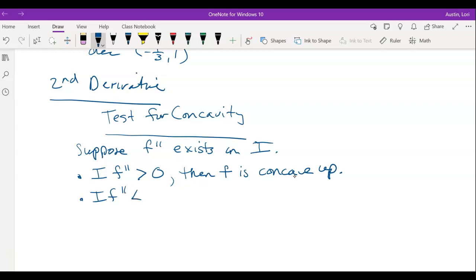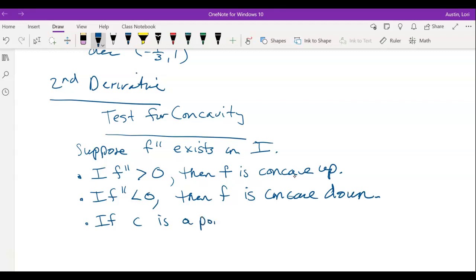If double prime is less than 0, it's negative, then it's concave down. Okay. And the last piece is if C is a point in I.